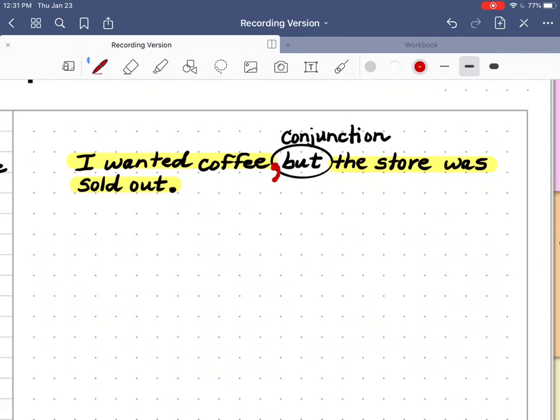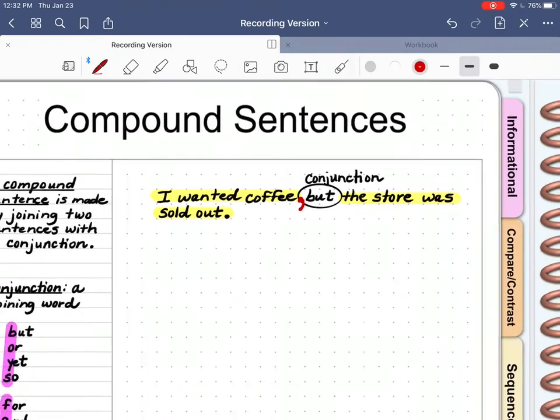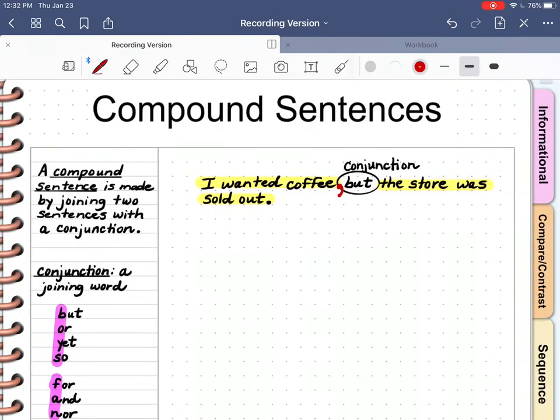It's a slow down. We slow down because the sentence isn't finished. I wanted coffee, but the store was sold out. And then we put the stop sign. This is called a compound sentence. And that is using our first conjunction, but.